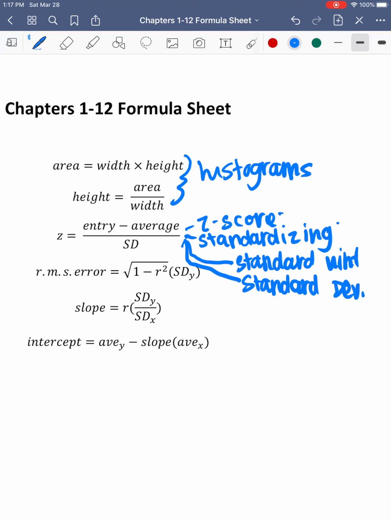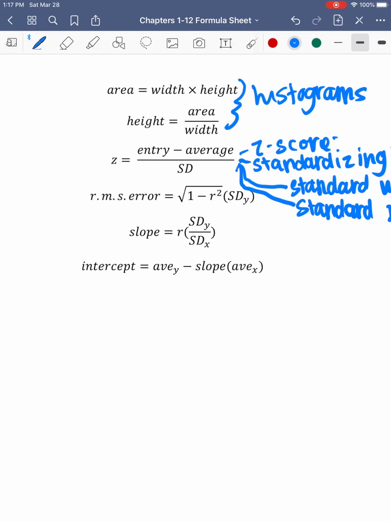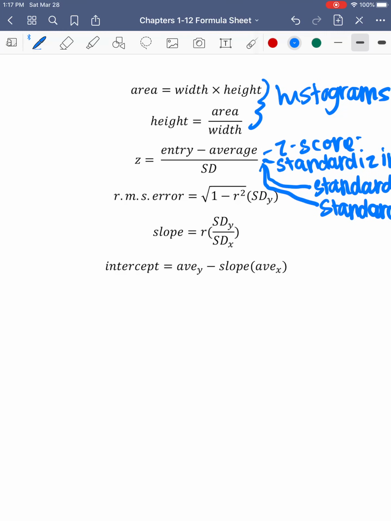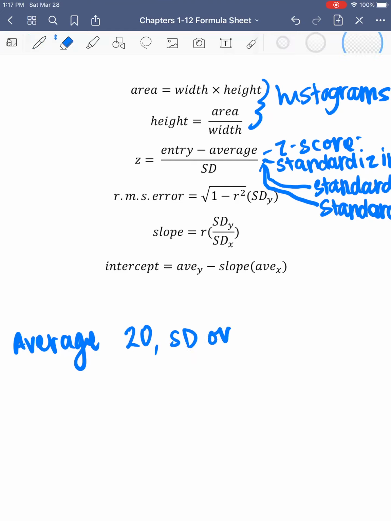So let's do an example where we have to use Z-score. And I'm going to use the ACT test. So let's say on an ACT test for the math section, the average is 23. Actually, that's pretty high. Let's not do that average. Let's do the average is 20 with a standard deviation of 3.